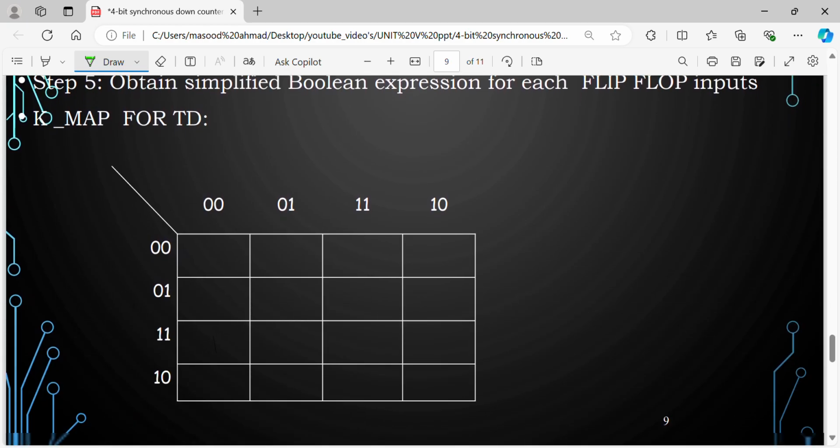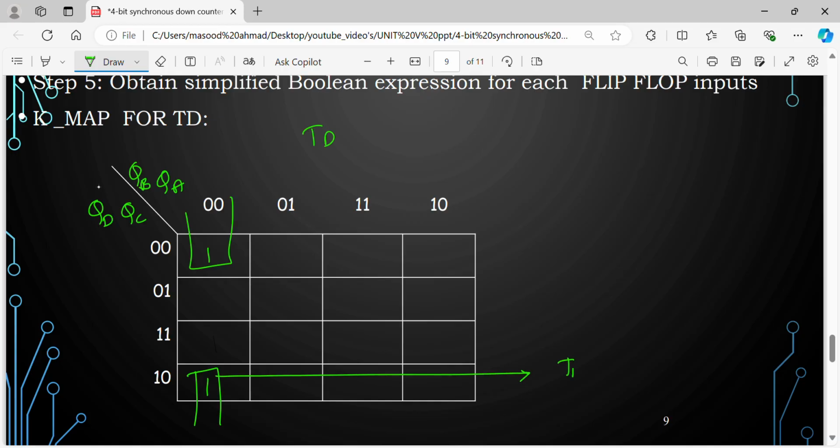Next, if I go for TD, which is 1 for 0 and 8, this is QA, this is QB, this is QC. I can combine like this. The expression for TD is QC bar, QB bar, and QA bar.